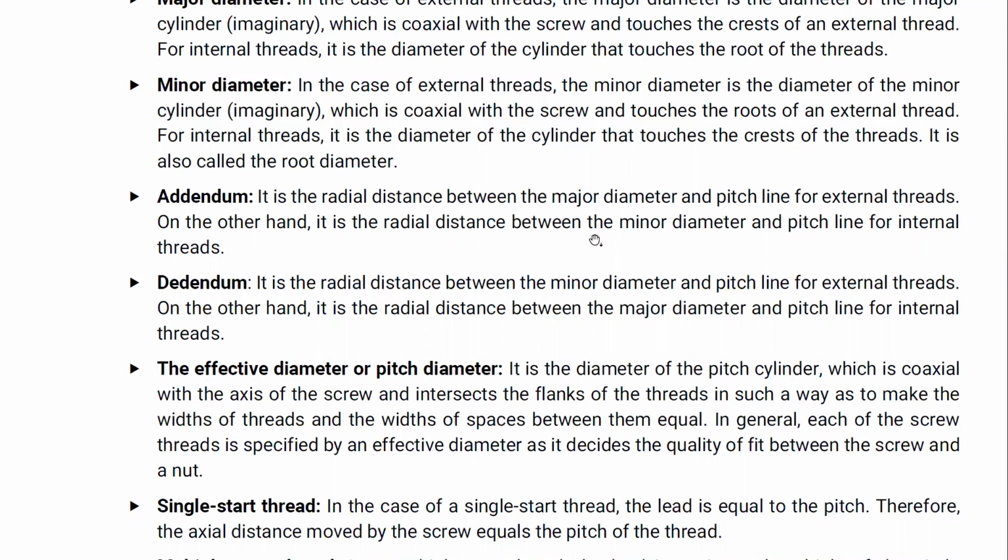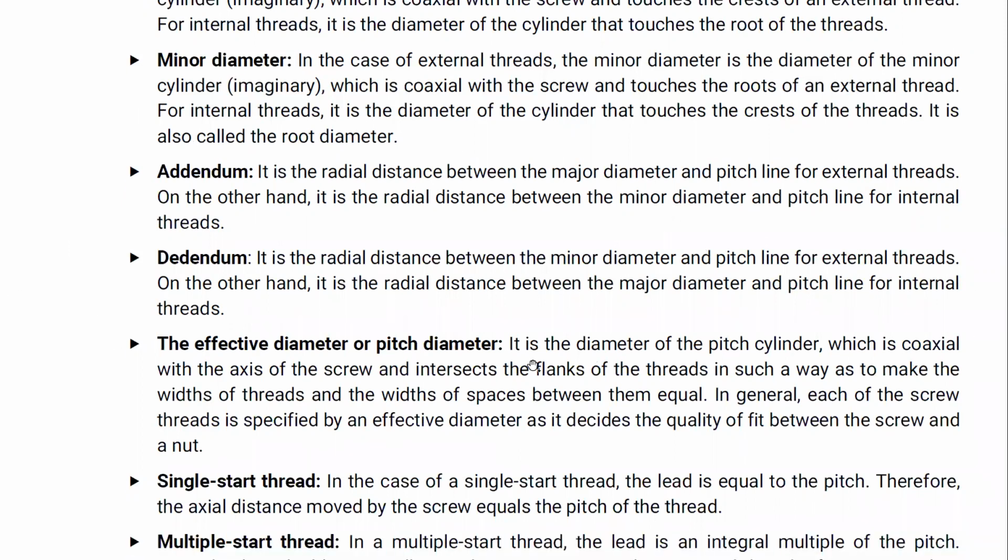In other words, it is the radial distance between the minor diameter and the pitch line for an internal thread. Dedendum is the radial distance between the minor diameter and the pitch line for an external thread. So we have seen both.